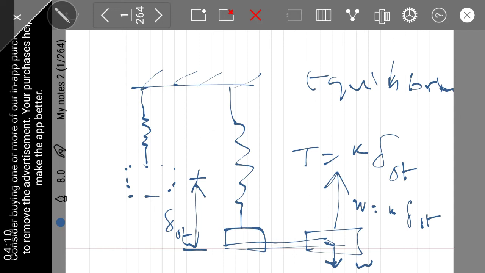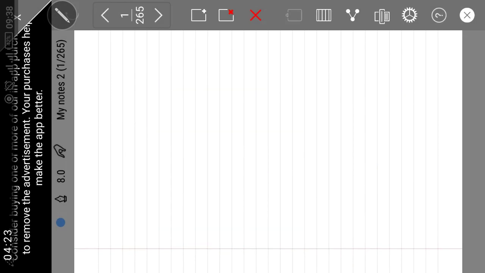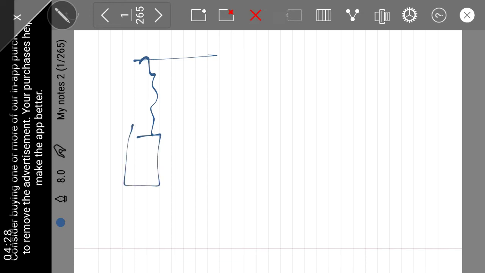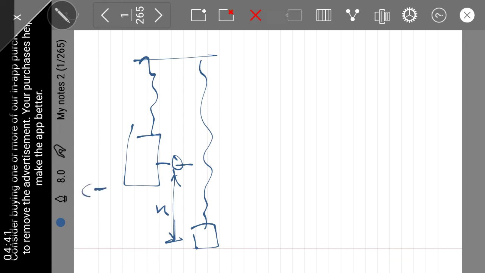Now we consider when we stretch the spring by an additional distance x. So we consider that case now. Spring again. This was at equilibrium position, and this is when it's stretched by x.